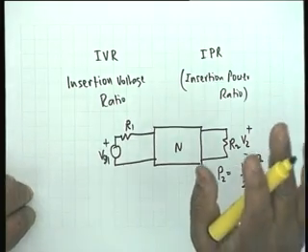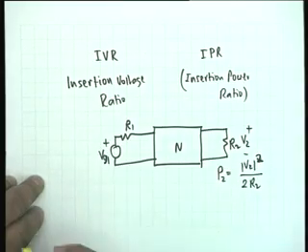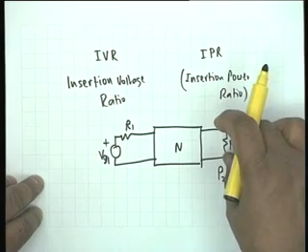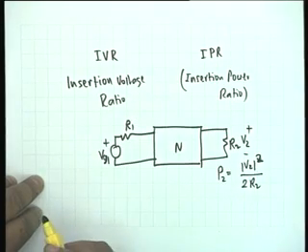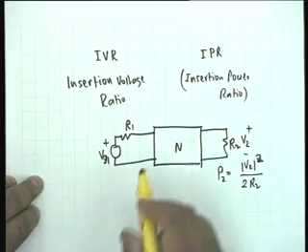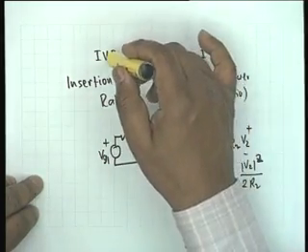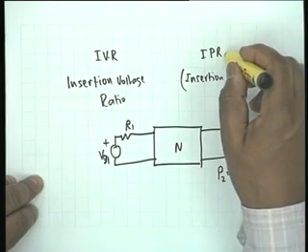This is the situation. Now one argues, suppose the network was not there, suppose the load is connected directly to the source, then what difference does it make? This is what is measured by the two quantities insertion voltage ratio and insertion power ratio.